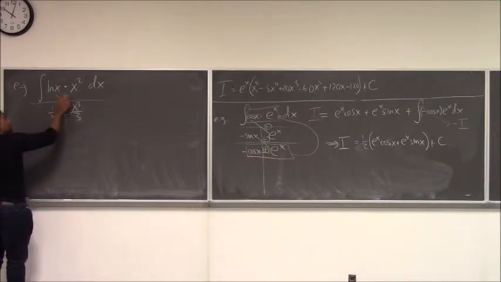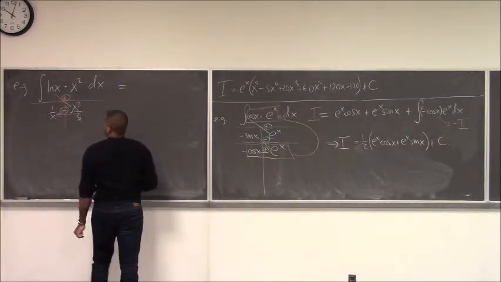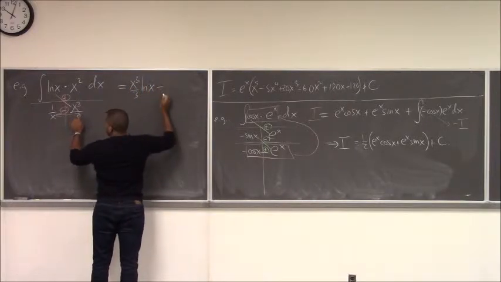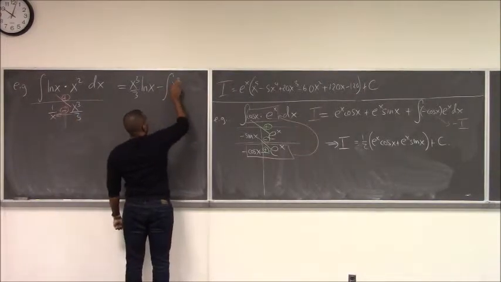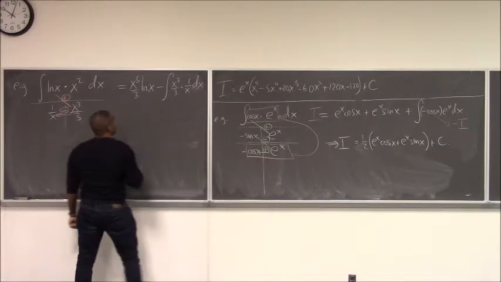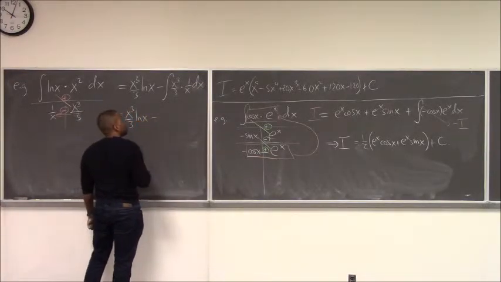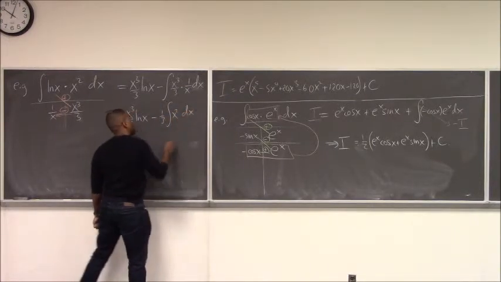Right? So you know there's a plus sign here, it takes a minus sign here. So this guy is going to be this times that minus the integral of this times that, minus one third x squared dx.